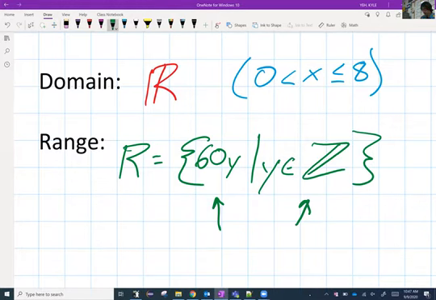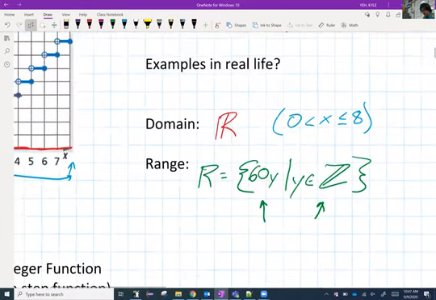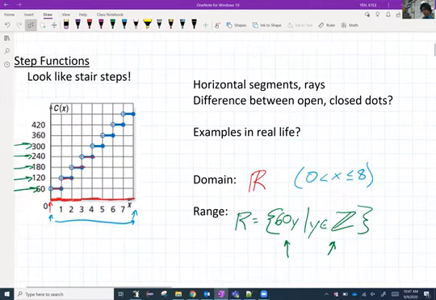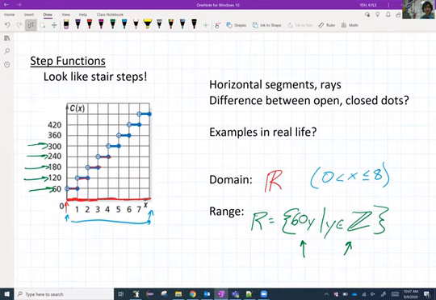So by saying this, we're saying, well, if y is 0, then 0 is part of the range because 60 times 0 is 0. If y is 1, then 60 is part of the range because 60 times 1 is 60. If y is 2, then 120 is part of the range because 60 times 2 is 120. And that's the way that we can get all multiples of 60 and nothing else.